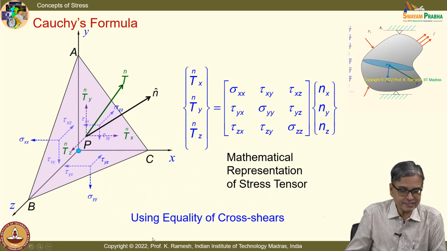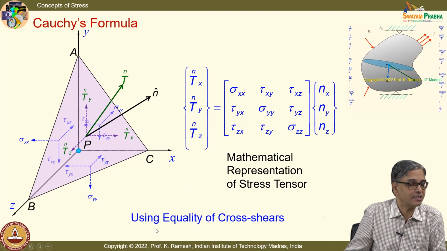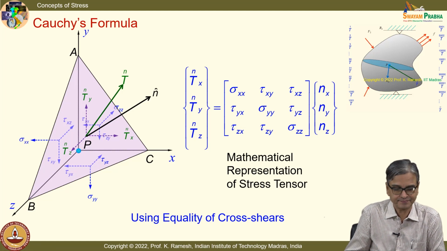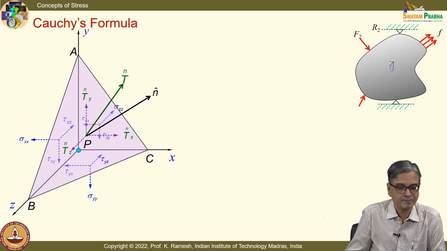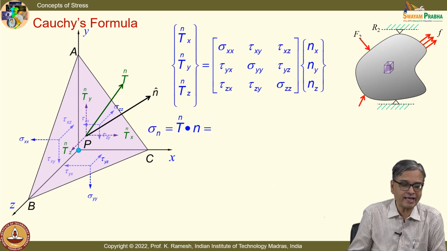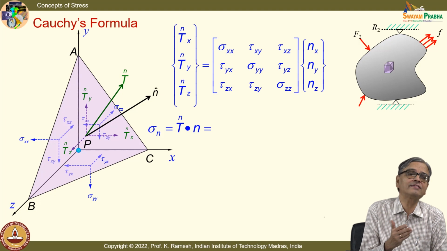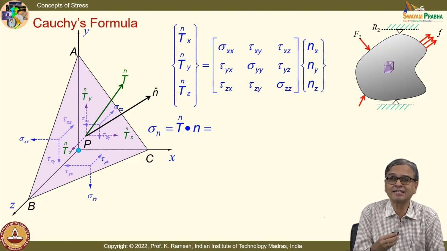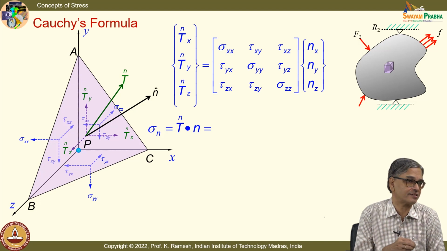Here again, to emphasize that I am able to write this using the principle of equality of cross shears, which we will prove in the next class. And what is important is, when I have this, we are always interested in looking at the stress vector as a composition of a normal stress and a shear stress.